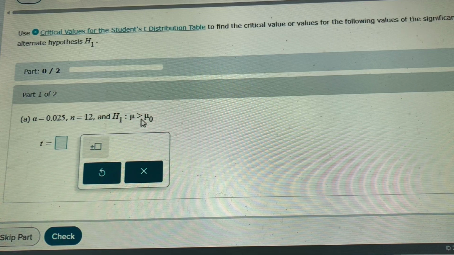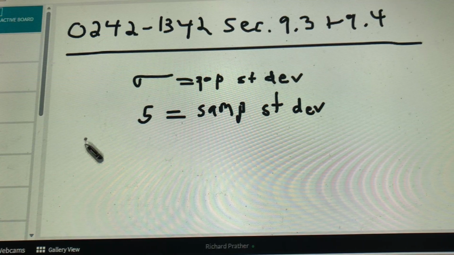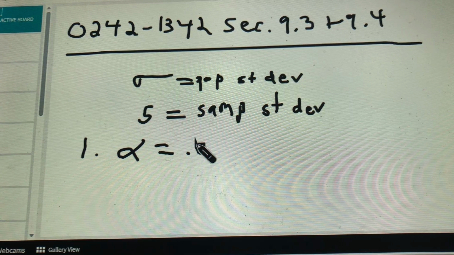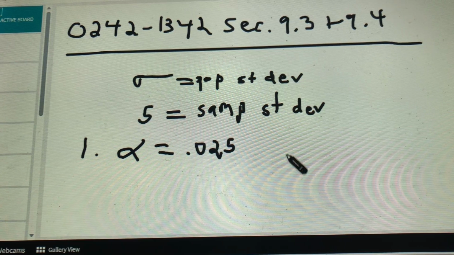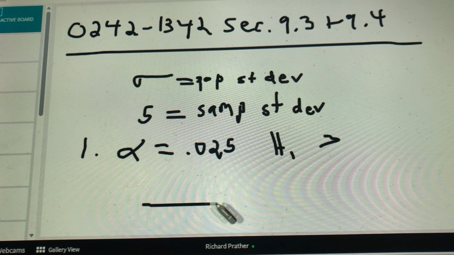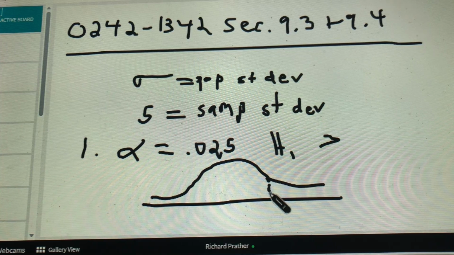Also, if it's just greater than or just less than, then the whole alpha goes in the one tail that we care about. So on problem 1, alpha is 0.025, and the alternative hypothesis has a greater than. So we're on the greater than side of the curve, and we put the whole 0.025 in that tail.